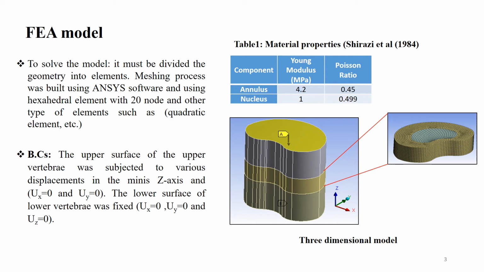However, the upper part of this model was placed under axial displacement. In other words, the model displaces vertically in the z direction, and ux and uy are set as 0, as shown here in this paragraph.